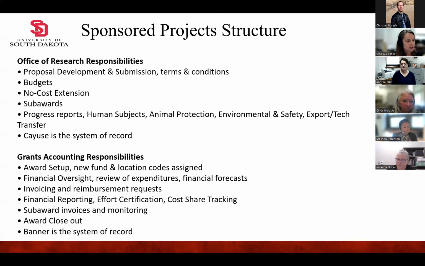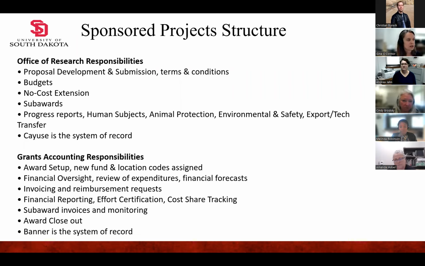No cost extensions, those happen after an award has been made and you've reached the life cycle of that grant, but you still haven't met the goal of what you committed to doing and you have money left. We'll help you interact with the sponsor to request a no-cost extension so that you can keep working on it.